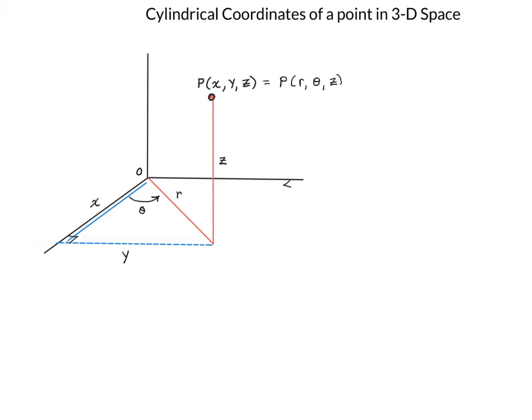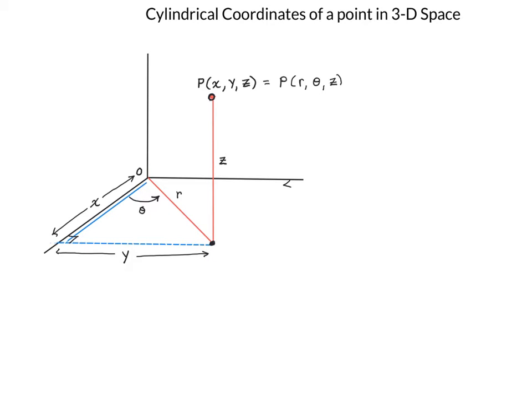When we look at this right triangle, here we have our y distance to the point on the xy plane, and our x distance here. And what we can see is that we have this right triangle. Here's our right angle. Here's our angle theta, and r is the hypotenuse of this right triangle.